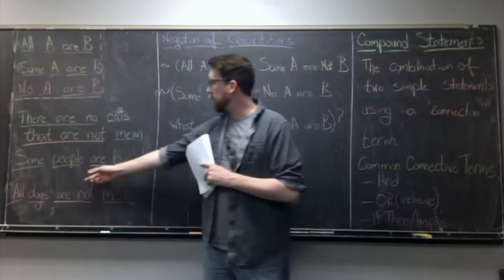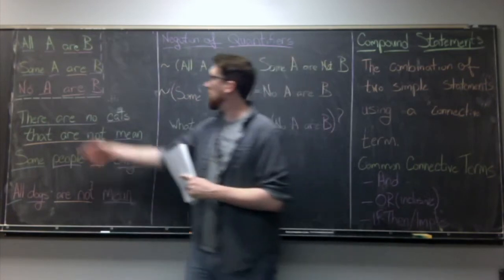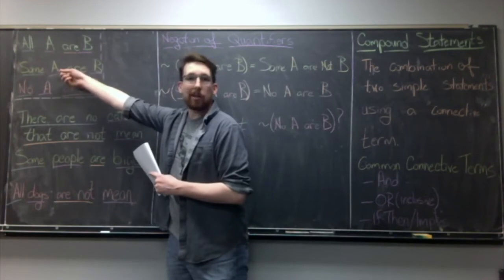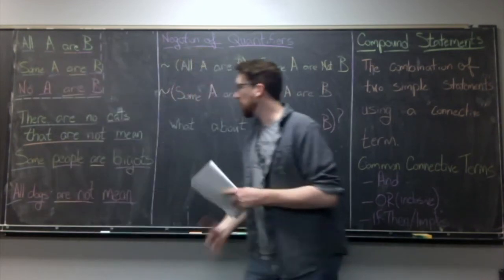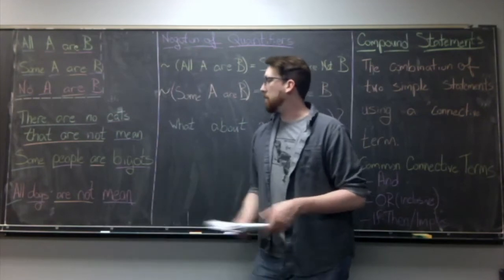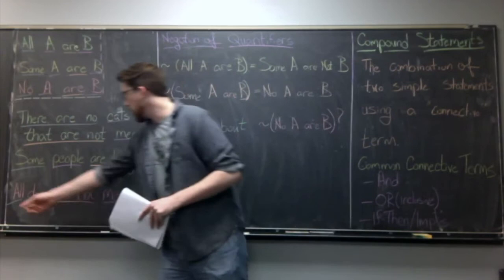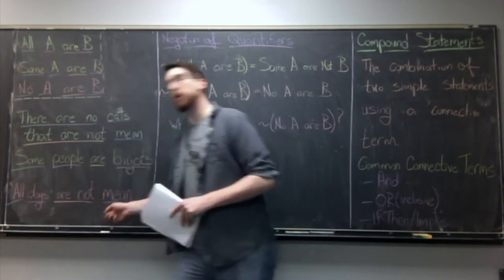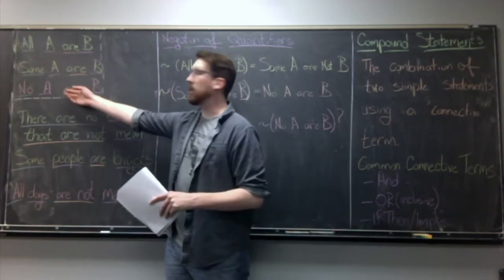Then we've got the example, some people are bigots. Well, that fits exactly with that second general example. And then all dogs are not mean. We can rewrite this to say no dogs are mean. And it would have the same exact meaning. It would be congruent with this.